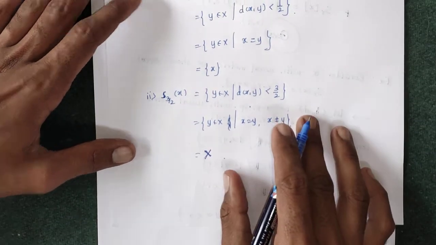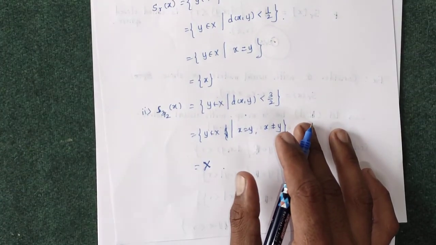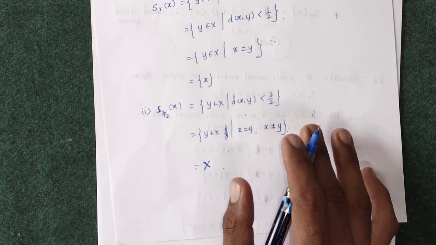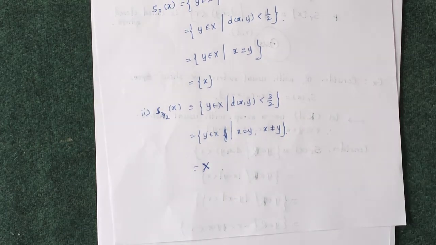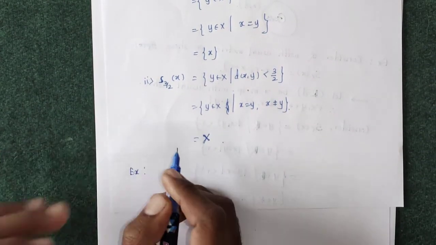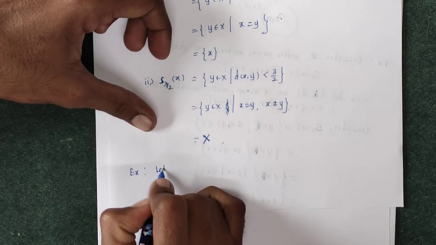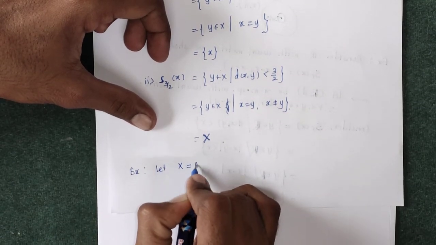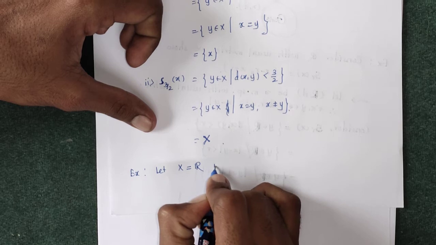So these are the examples on open spheres in a discrete metric space. Now the next example is: let X be equal to R, the real line with standard metric.